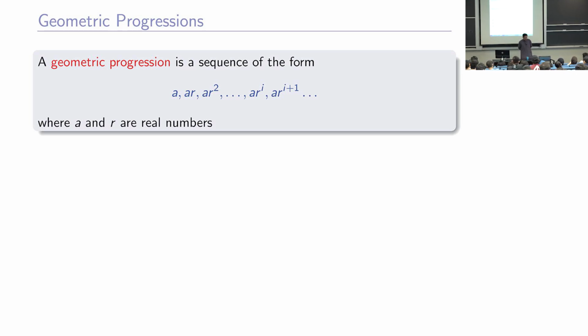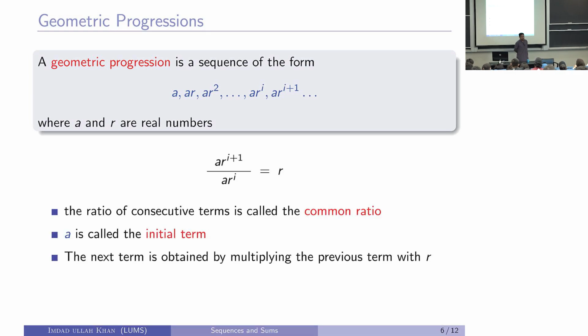If you take the ratio of two consecutive terms, with the previous term in the denominator, we get r, and this r is called the common ratio. Why common? Because you take any ith term divided by the (i minus 1)th term, you will get r, right. So it is called the common ratio, and if you get a and r, you know the whole sequence, the initial term and the common ratio, how we get the next one.